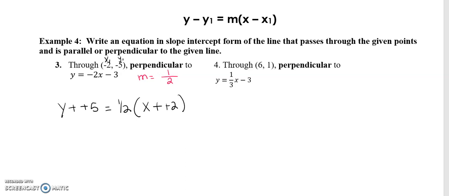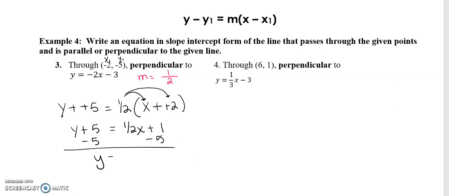So double negative again changes there. So we're going to distribute that 1/2, 1/2 x, and then 1/2 of 2 is 1. And then we're going to subtract 5. So y equals 1/2 x minus 4. So go ahead and try this next one. Again, your slope, you need to flip it and change the sign since we're perpendicular.